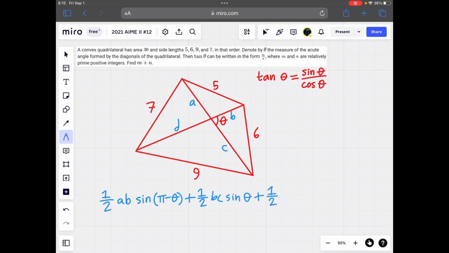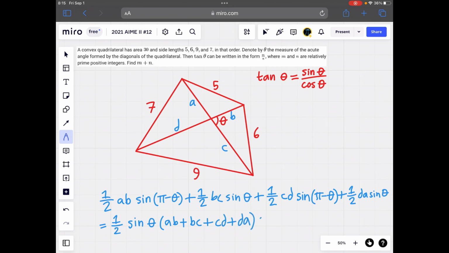The area of the third is 1/2 CD sine pi minus theta. And then the area of the fourth is 1/2 DA sine theta. But since sine pi minus theta is equal to sine theta, we can just factor out a 1/2 sine theta. And this becomes 1/2 sine theta times AB plus BC plus CD plus DA, and that's equal to 30.